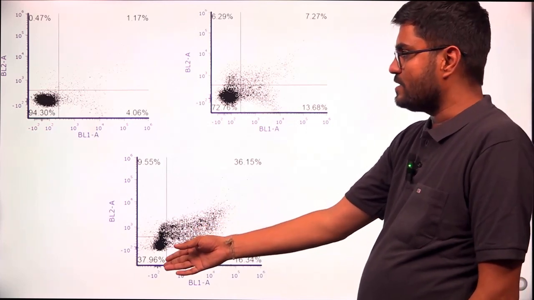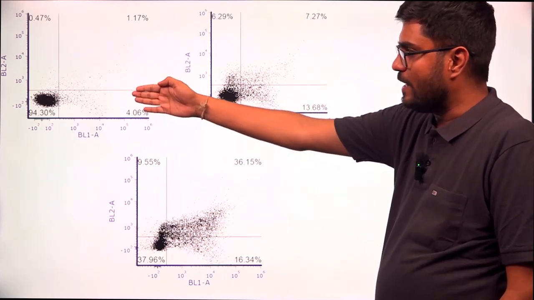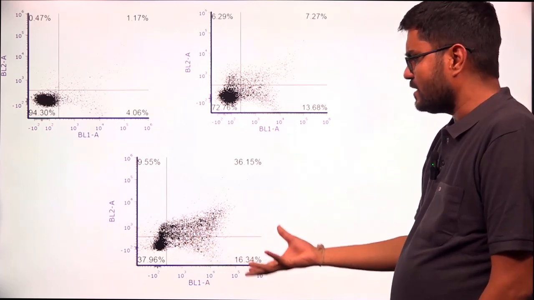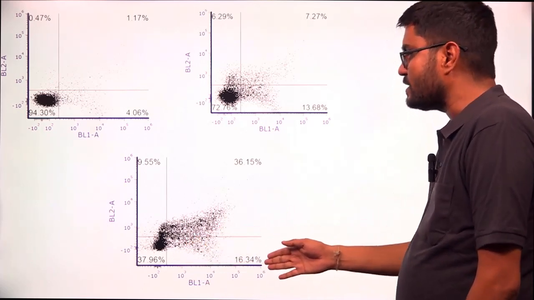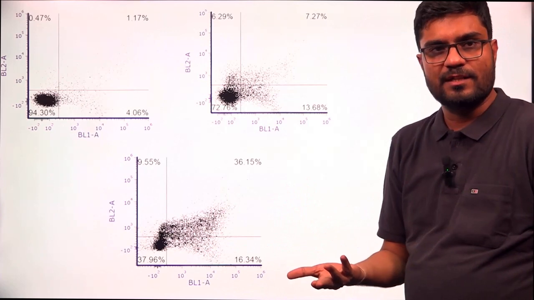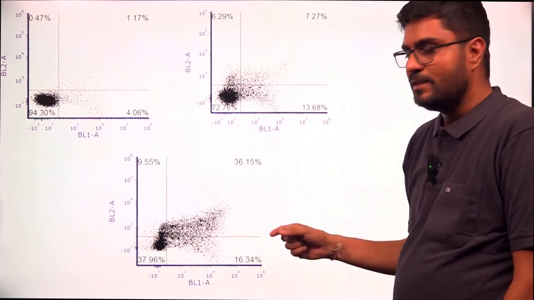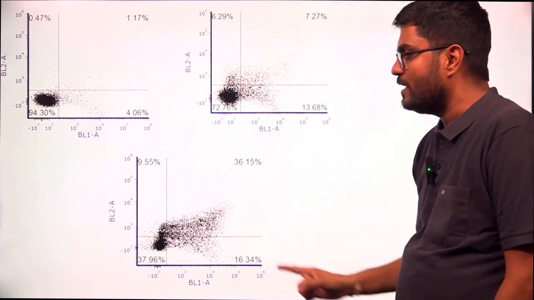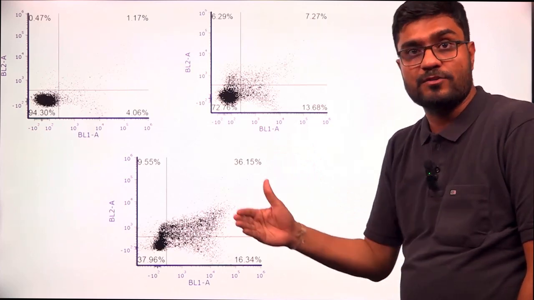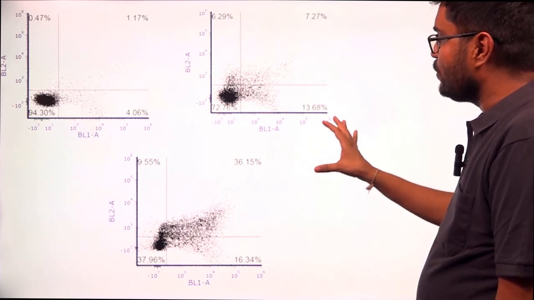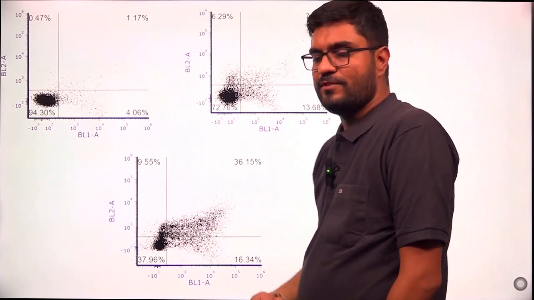The healthy percentage has gone from 94.30% in the control to 37.96%, and there are cells which are undergoing apoptosis as well as dead cells, and this death can be both necrotic as well as apoptotic, because I have already told you we don't have any way to find out whether the cell death in this compartment is occurring because of apoptosis or because of necrosis. So this kind of data lets us calculate the percentage of cells which are undergoing apoptosis, which are healthy, or which are undergoing necrosis or apoptosis.